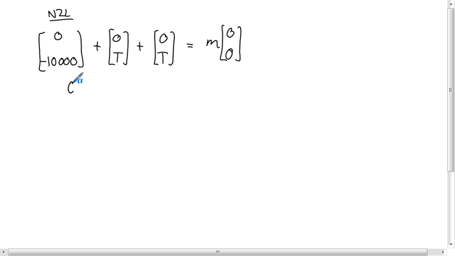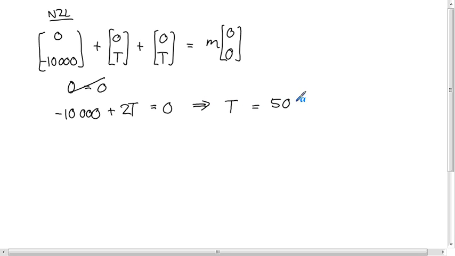And so the first equation gives us 0 equals 0. The second equation gives us negative 10,000 newtons plus 2t is equal to 0. And that tells us that t is equal to 5,000 newtons.